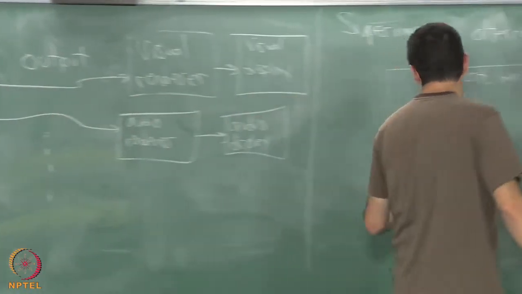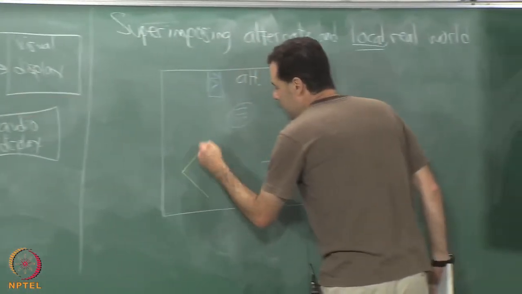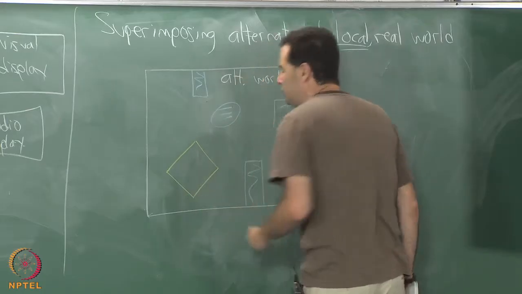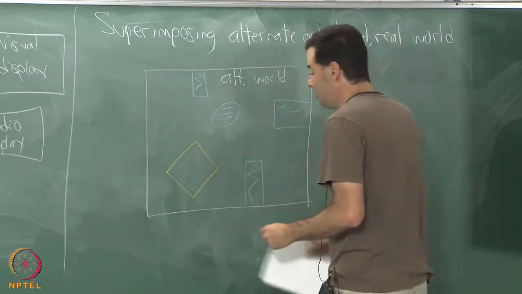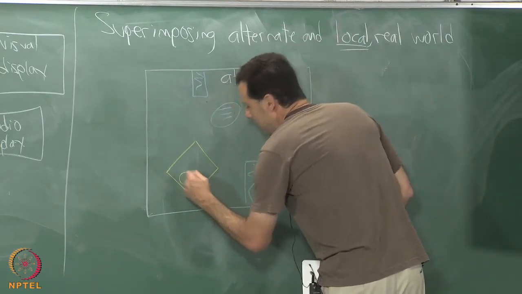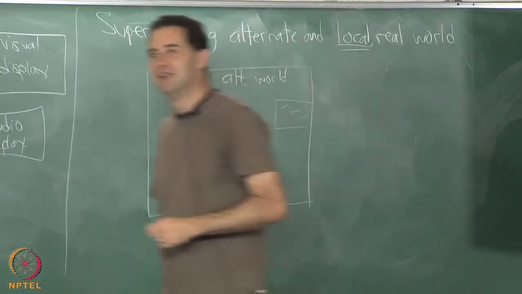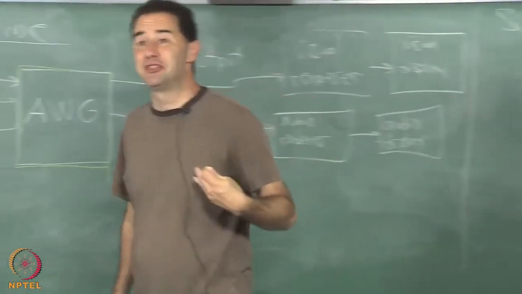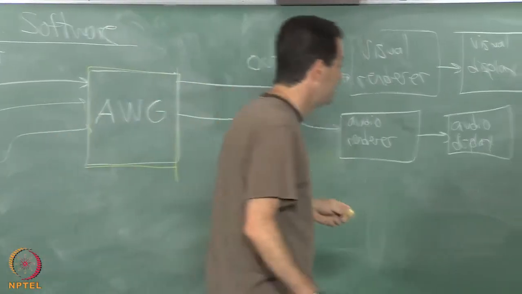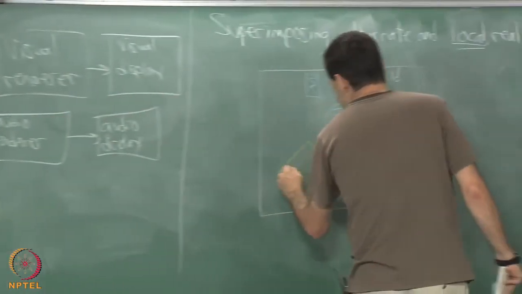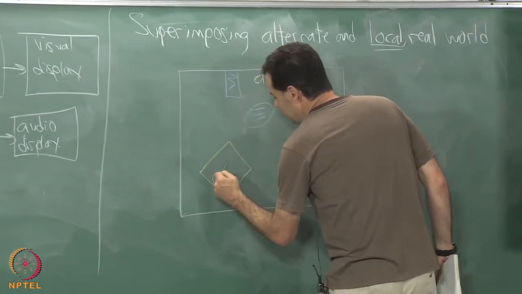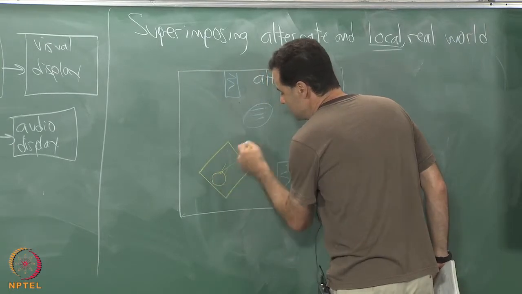Somewhere you appear in this world, and you have your own region where you're able to move around. Your head has been transformed into this world, embedded into this alternate world. So your head is here, and you have your eyes looking out in some direction.